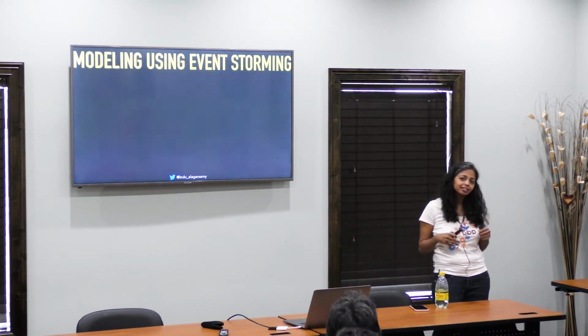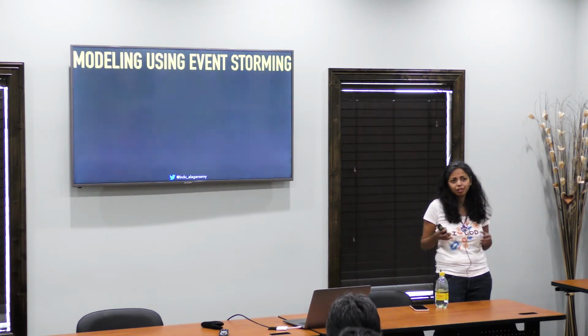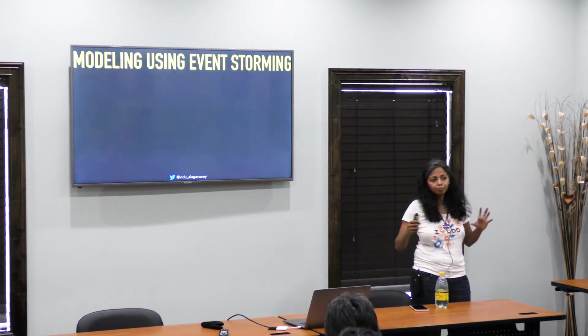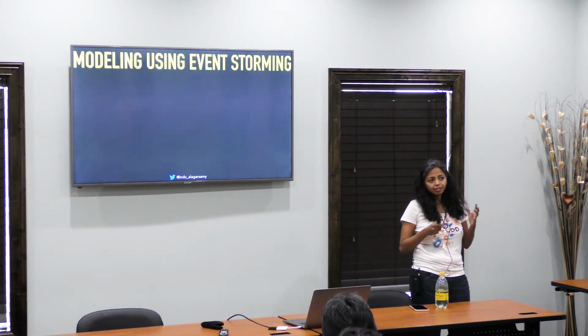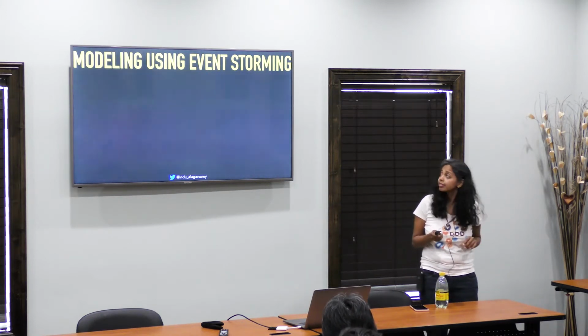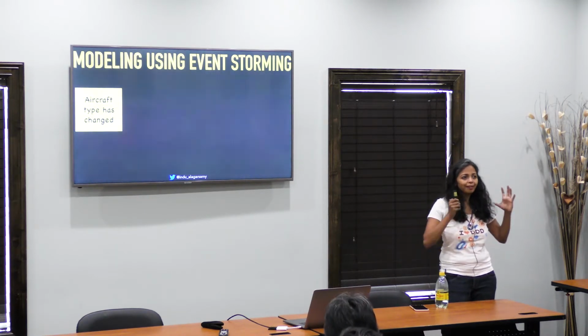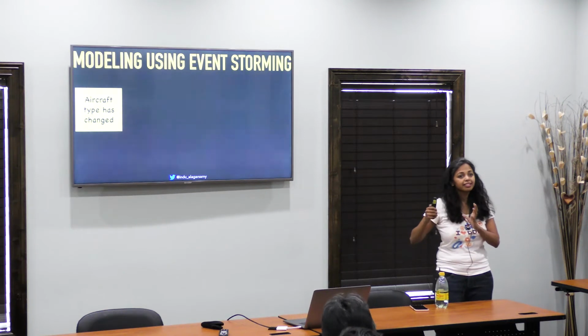I started hearing about it, and I was in one of the modeling workshops, and it was really cool. The basic premise is you try to identify all the events. So in your business process, what are the most important, interesting things that are happening?